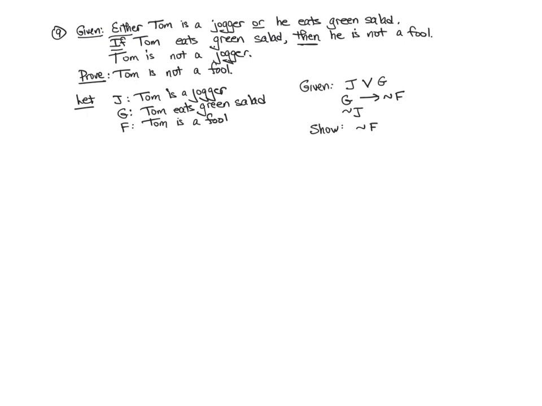Okay, so let's make an outline of this and work backwards, see where it takes us. We start with not F. We want not F. So we look at the statement that has an F, and we have if G then not F. Since this is a conditional and I want the consequent, we'll use the law of detachment.